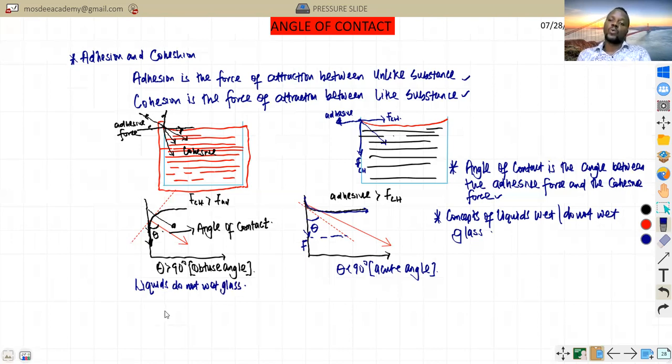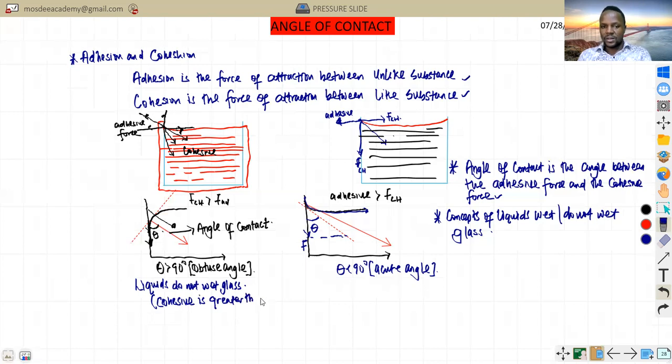Liquid does not wet glass. And the reason for that is because the cohesive force is greater than the adhesive force.